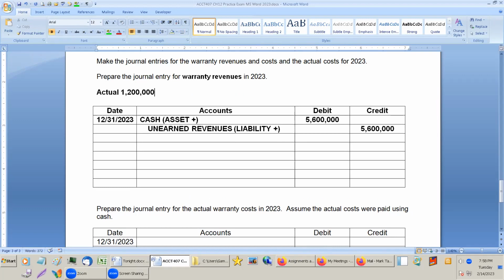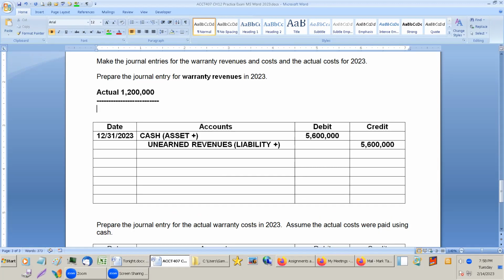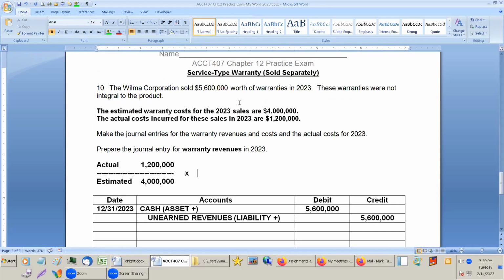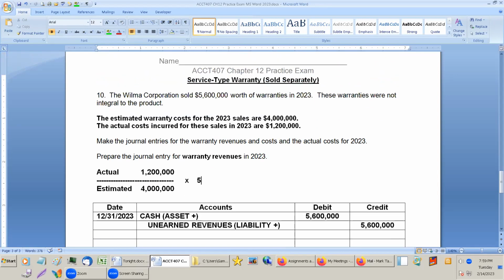Okay, it's 1.2 million divided by the estimated, times 5.6 million. That's 30% times, $1,680,000.